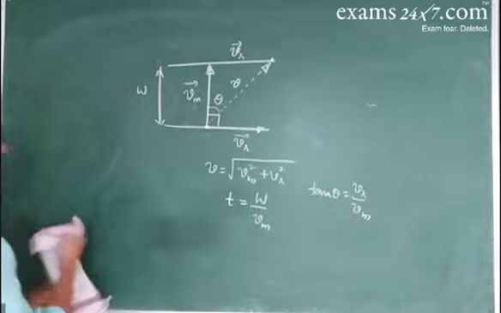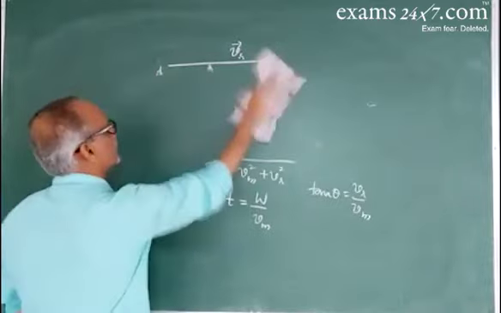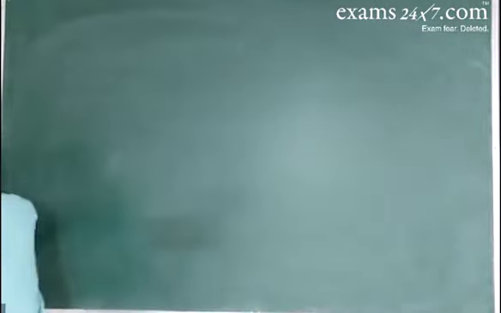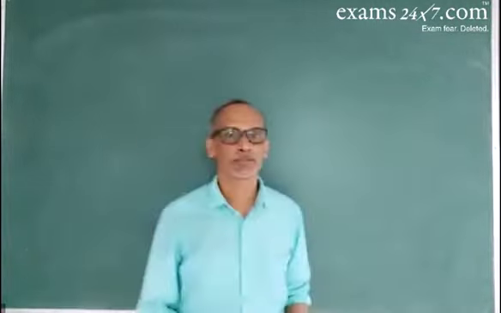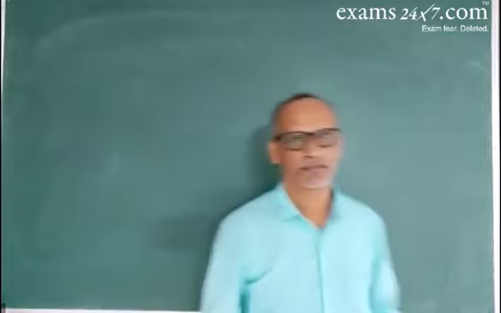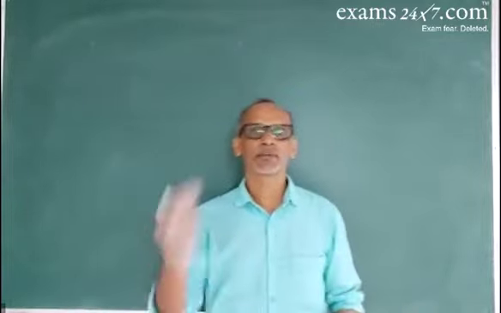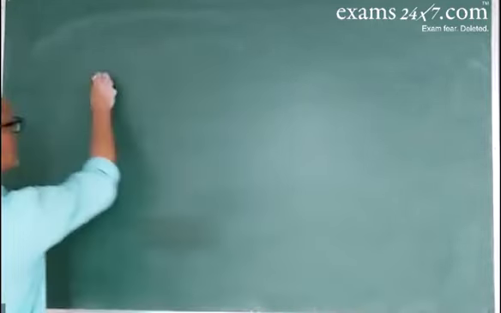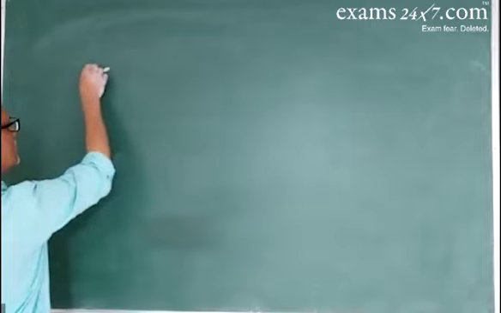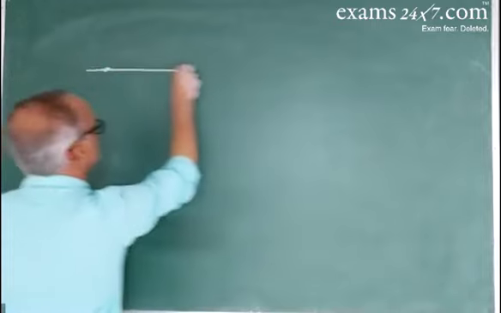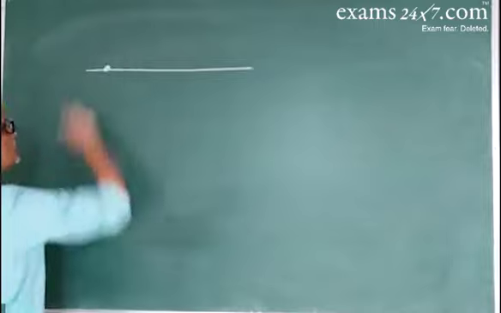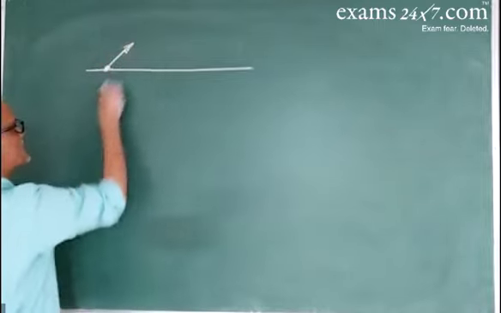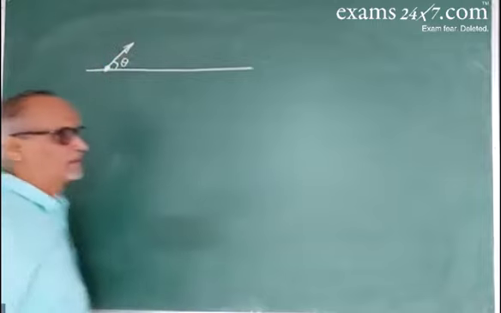So let's next learn about the other important concept, which is projectile motion. So what is a projectile? A projectile is a body thrown into space, which then moves under the action of gravity. For this we need a point of projection. This is the point of projection, and the direction of projection makes an angle theta with the horizontal.